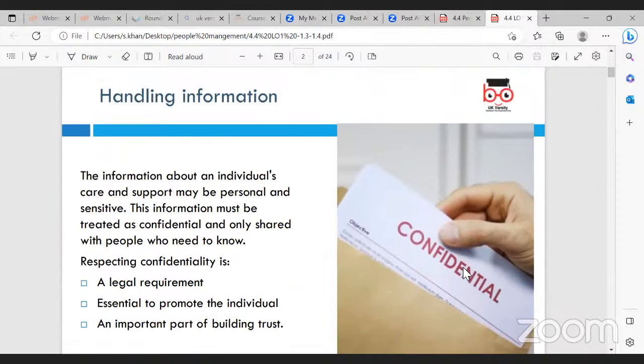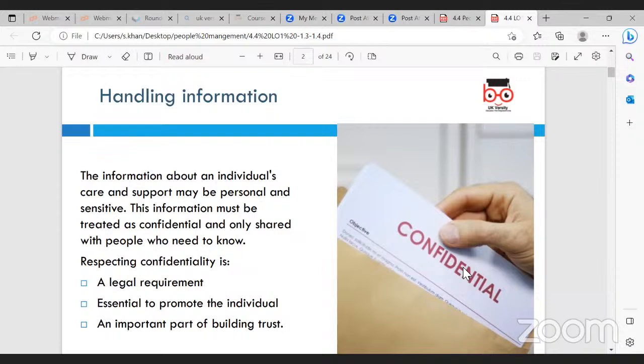So handling information, again, the information about an individual's care and support may be personal and sensitive. This information must be treated as confidential and only shared with people who need to know. Respecting confidentiality is a legal requirement.